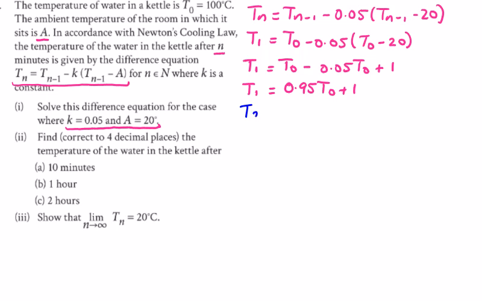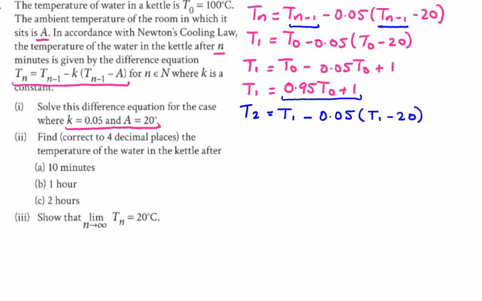So let's get T2 and subsequently Tn in terms of T0. We already have T1 in terms of T0. T2 is equal to T1 minus 0.05 times T1 minus 20.